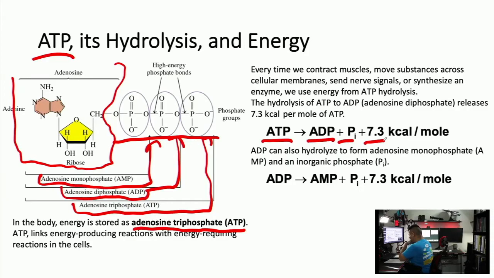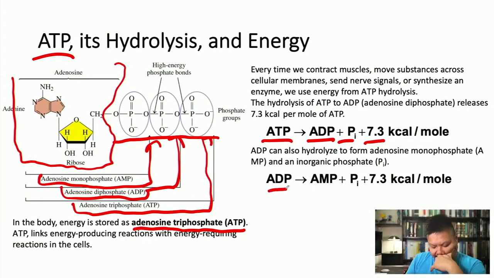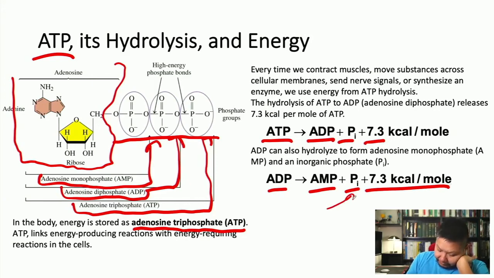Then if you hydrolyze ADP again to make AMP, adenosine monophosphate, and an inorganic phosphate, you get another 7.3 kilocalories per mole of energy. Just so you know, whenever you have a P, that's a phosphate, and the i there just means inorganic phosphate, because it's charged.